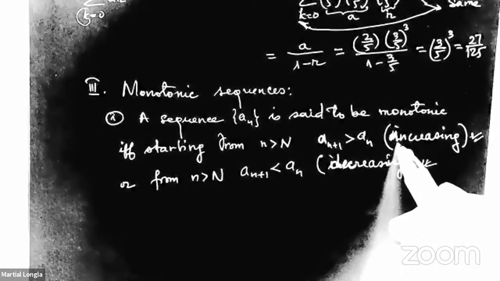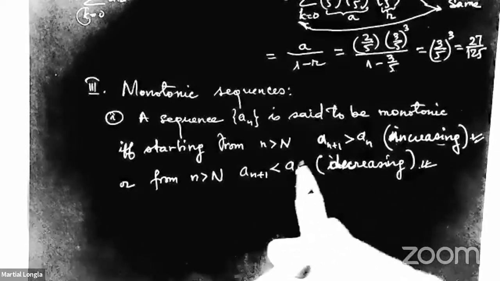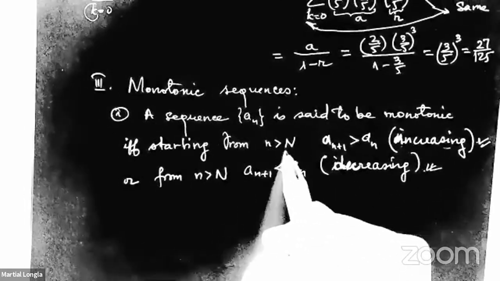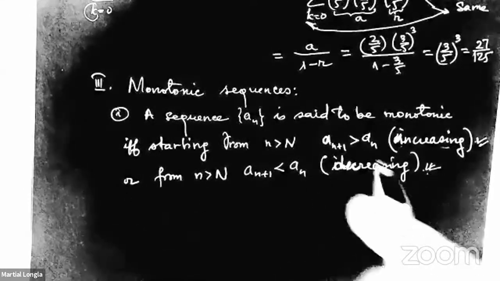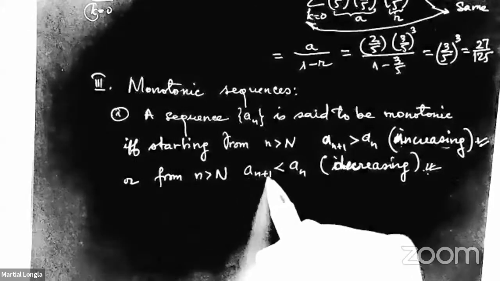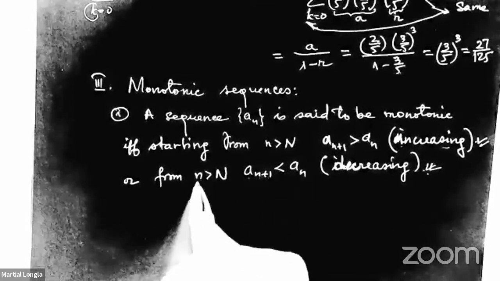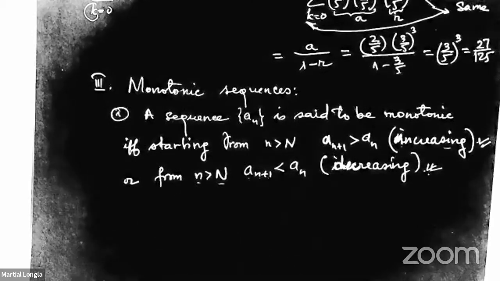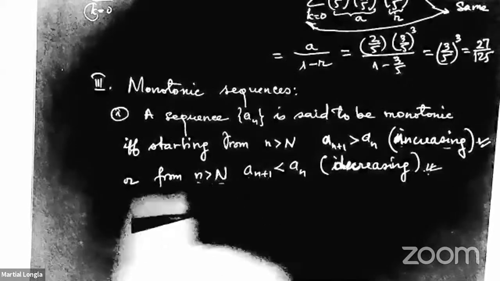A sequence is increasing if you can have a n plus 1 larger than a n for all n that are larger than some given number. A sequence is decreasing if you can have a n plus 1 less than a n for some large n. And this must be true for all values of n that are larger than that given n, okay?